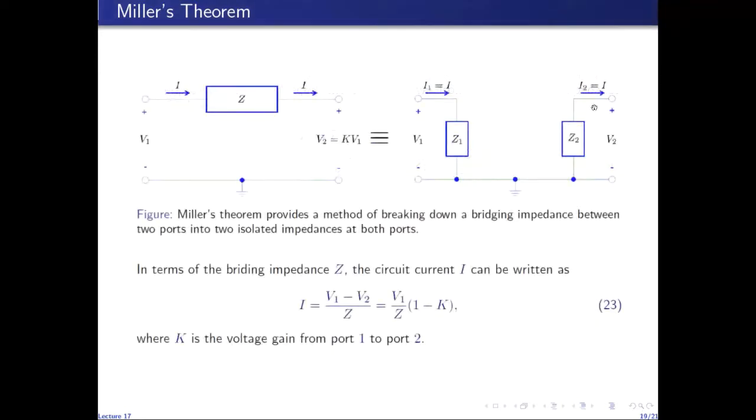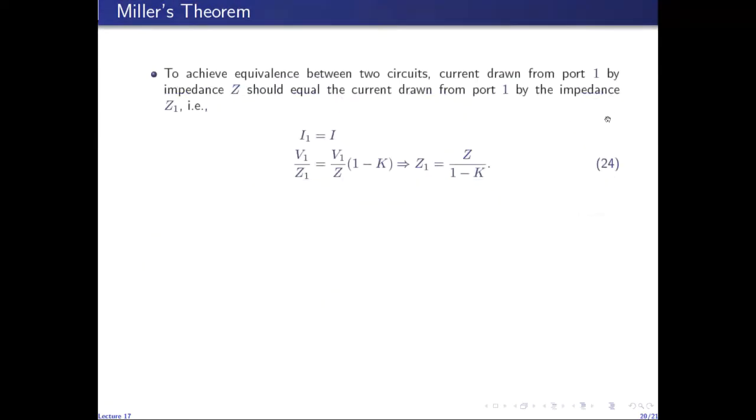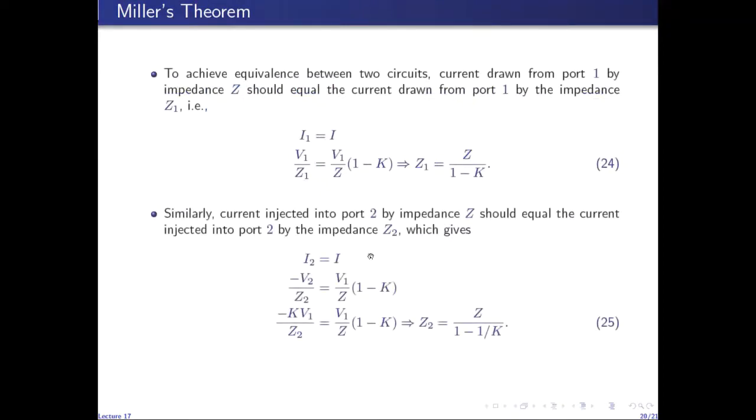Similarly, I2 is flowing outwards, so V2 over Z2 is minus I2. So I2 is given by minus V2 over Z2, and this is equal to I. So expressing V2 in terms of V1 like this, we can solve this expression and obtain Z2 in terms of Z and K like this.